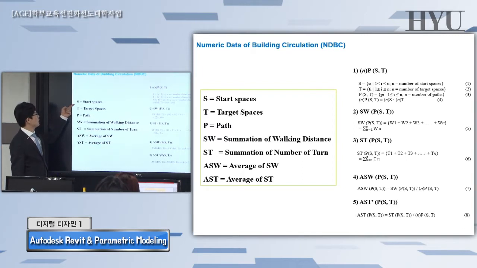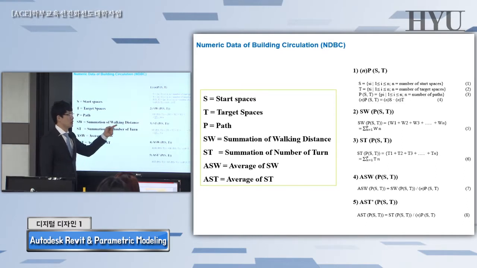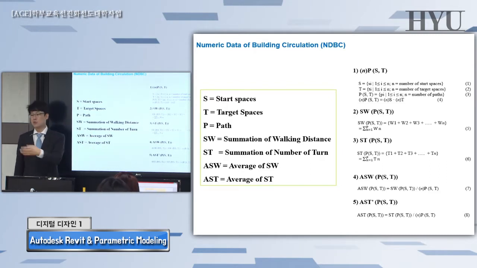Simply, we can get the start space, target space, path, summation of entire walking distance, and summation of number of turns: how many turns you need to get to this space from the main entry to the lobby, elevator, corridor, the front gate, and this room. How many turns and how many angles, the computer knows.